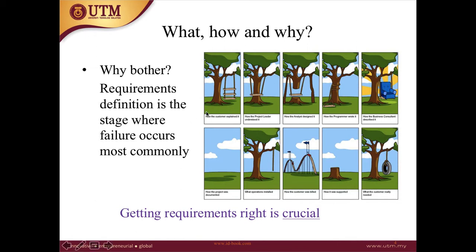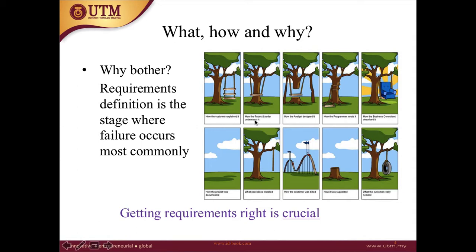See image number 1, how the customer explained it. They explain something quite complex, because sometimes customers don't know what they want. They don't understand the technology and don't have a clear picture. So you, as an HCI specialist, developer or designer, have to try to get as much of the important information as possible.